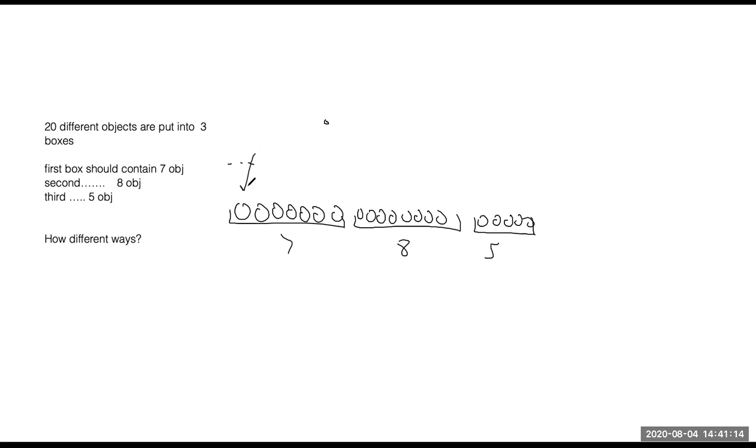The first one you can have 20 choices. Second one you can have 19 choices, okay? So it seems 20 factorial is the answer, but it's not.